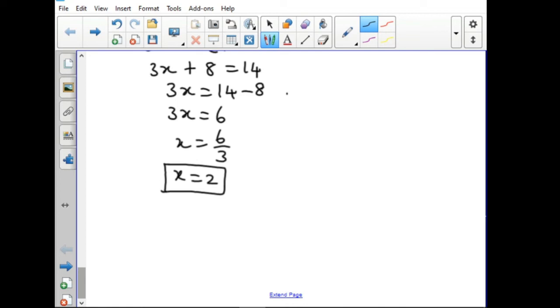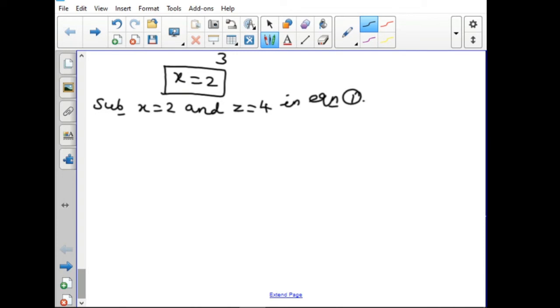To find y, we have to substitute the x and z values in the first three equations. Now I am going to substitute x equal to 2 and z equal to 4 in equation 1. What is our equation 1?